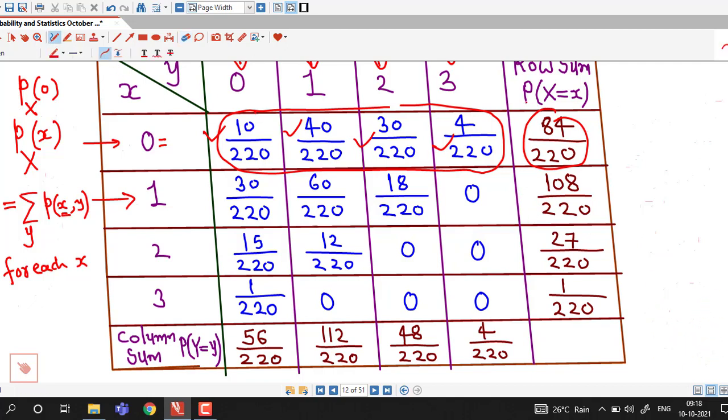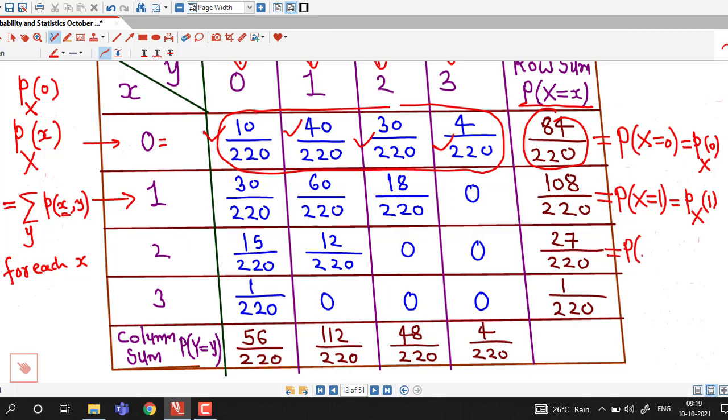I have written here, this column corresponds to the probability that capital X equal to small x. So this is the probability that capital X equal to 0, that is the value of the marginal probability function of random variable x at 0. Similarly, this is the probability that x equal to 1, which is nothing but p of 1 for random variable x.